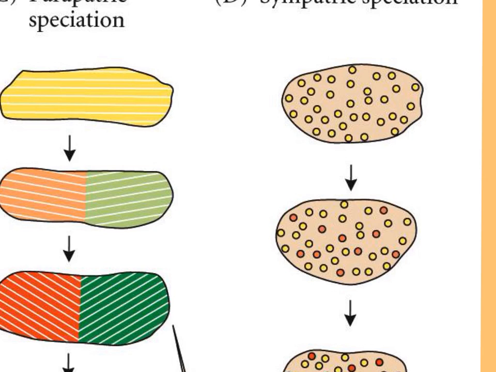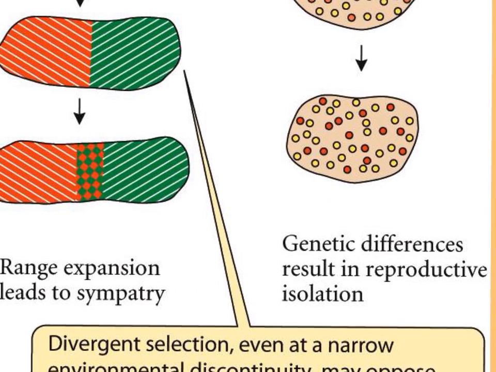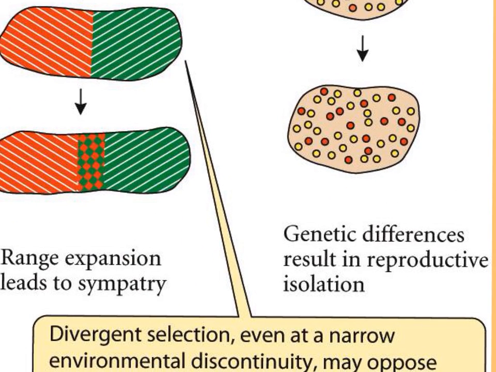And so eventually you start having the population, even though they're in contact and there could be gene flow between all these separate things, eventually you end up with two populations that aren't breeding anymore. Okay, and we'll look at that right now.